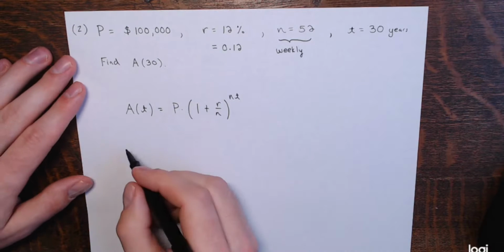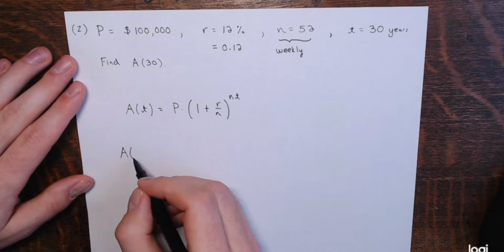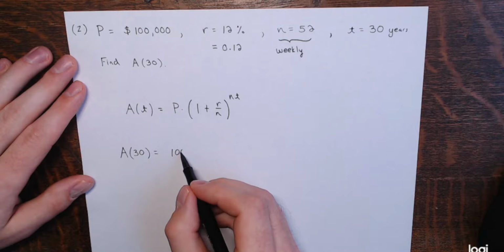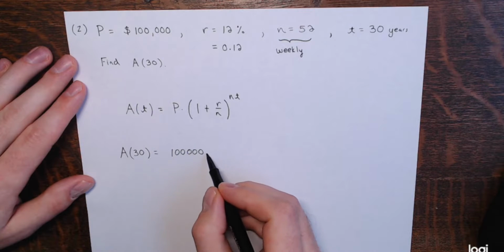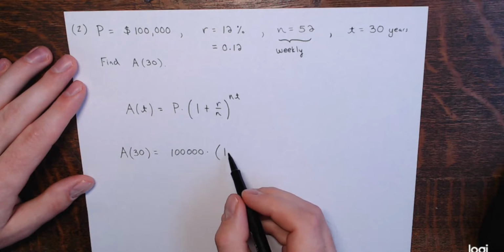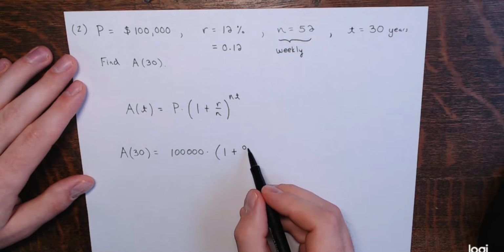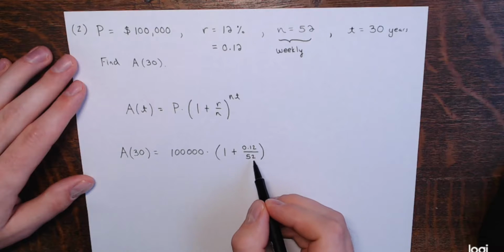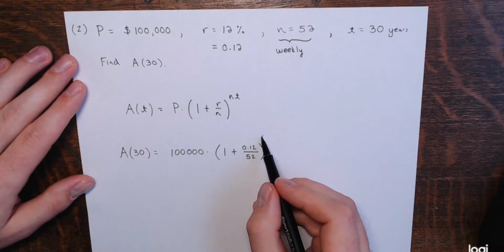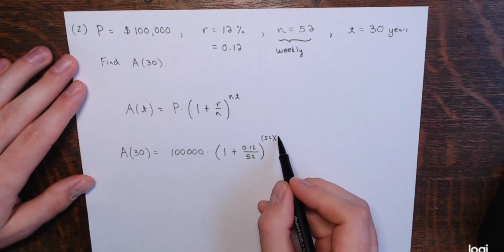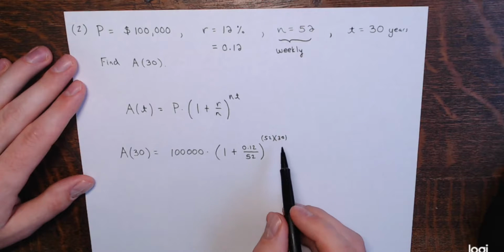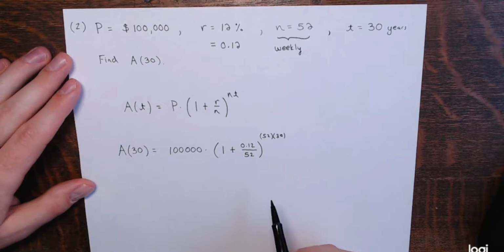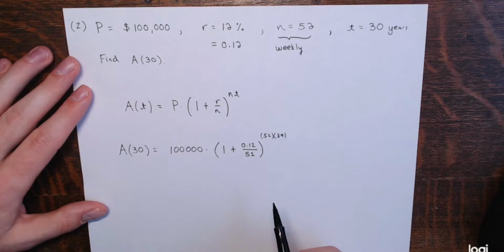So the amount that this investment account will be worth after 30 years is going to be $100,000 times 1 plus, the interest rate is 0.12 divided by 52, or compounding weekly. And then the power on this is 52 times 30. Now that would be 1,600 times the interest was added, right? 52 times a year for 30 years.